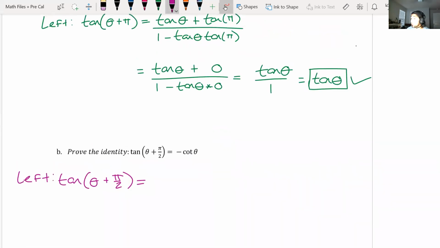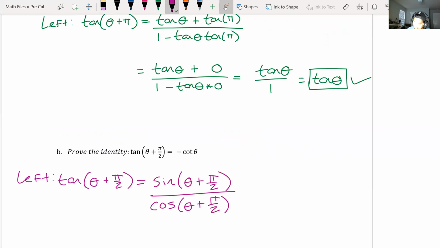Tangent of theta plus pi over 2 can be rewritten as sine of theta plus pi over 2 over cosine of theta plus pi over 2. Crazy, I know. And now you can use the sum formulas for sine and cosine.